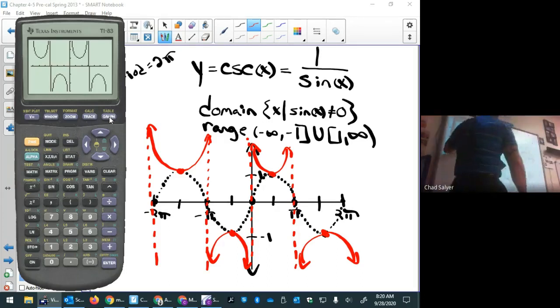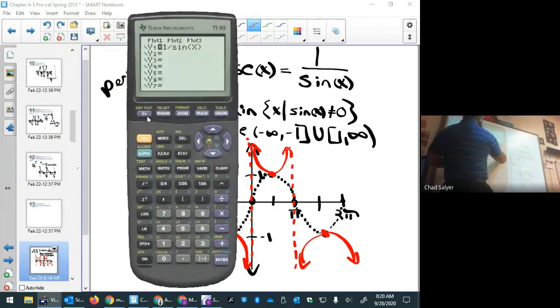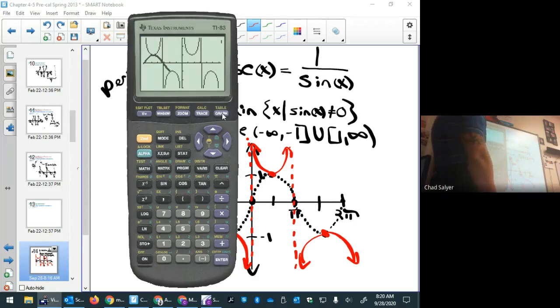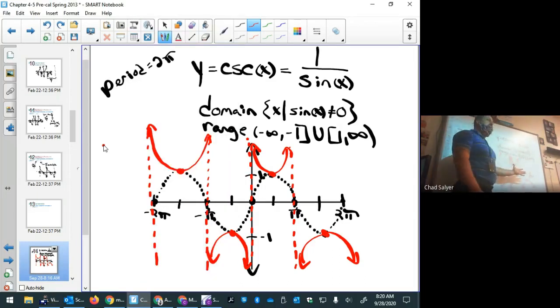So if I were to graph the sine here, that relationship might be a little more obvious. See what I mean here? And you can use the sine to understand the cosecant. That keeps you from having to memorize this complicated graph. You just remember this dotted line. The rest of it should be obvious.